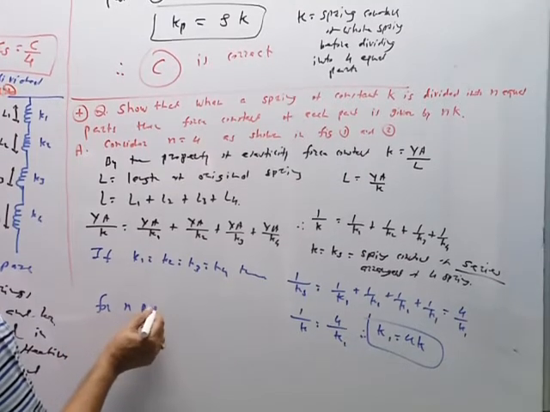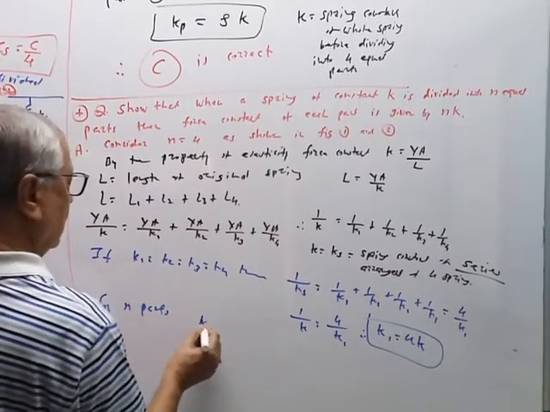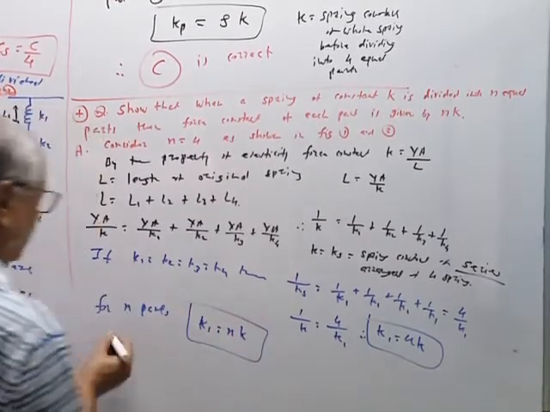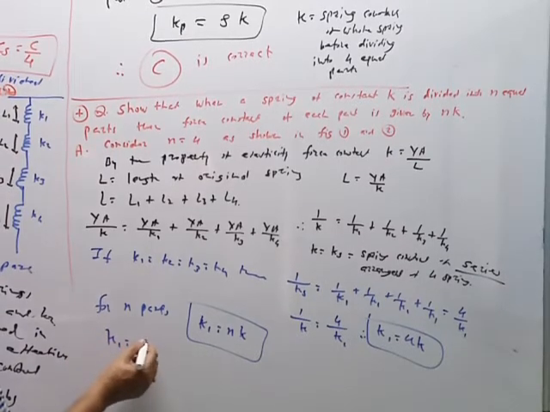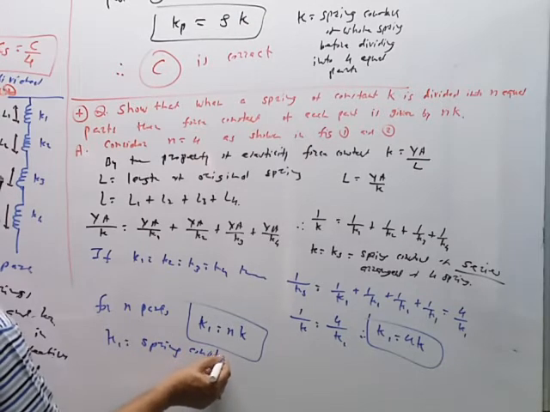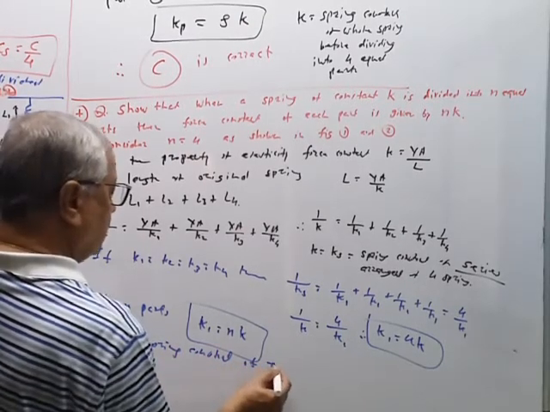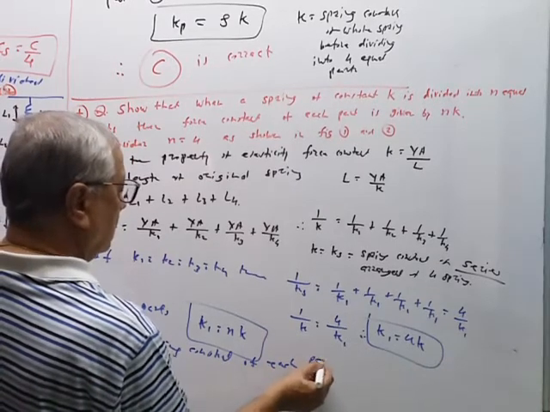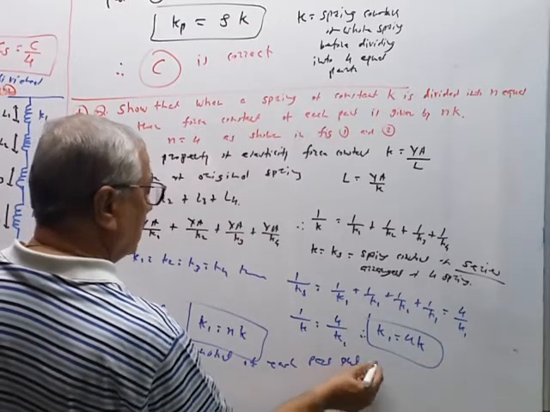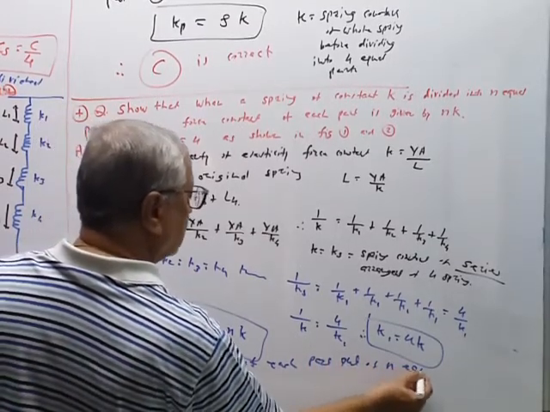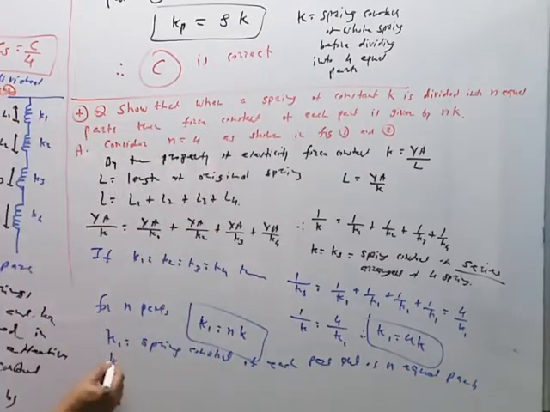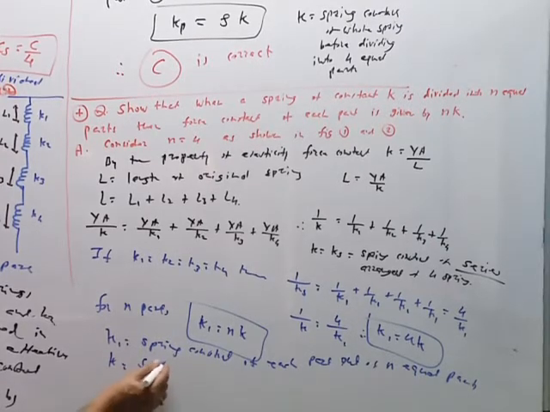For n parts, K1, the spring constant of each part, is equal to n times K, where K is the spring constant of the original spring.